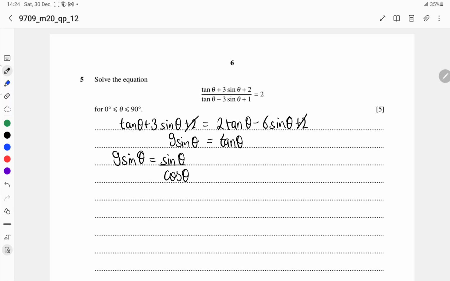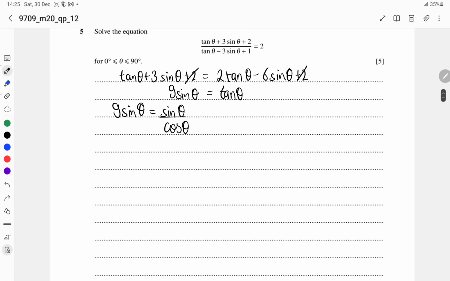Or let's not do this, because this is going to lose us an answer, right? So we can take it as 9 sine theta minus sine theta over cos theta equals 0, right? So let's take sine theta common. We get sine theta times 9 minus 1 over cos theta equals 0.